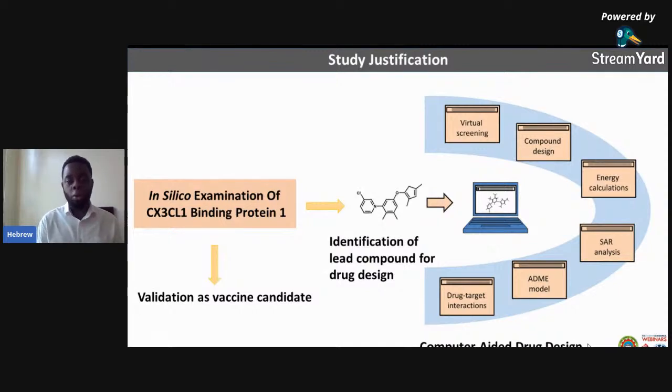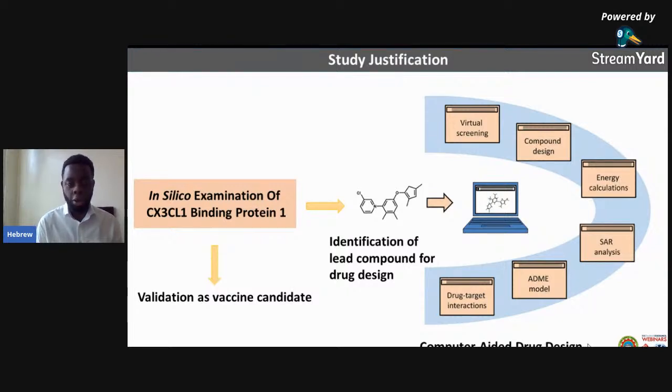So this study was aiming to examine this protein using an in silico approach, in silico implying both bioinformatics and computational biology. We wanted to see whether it can be a viable drug design target or a viable vaccine target, and all this will be supported by the evidence that we collected during our study, because from what we know, it is an essential Plasmodium falciparum protein that is key for its pathogenesis.